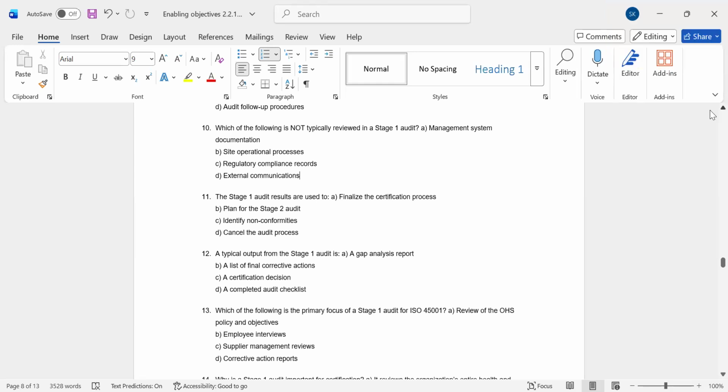Generally, site operational process will be in the manual also, right? So that would be in stage 1 only, no? We will review. Correct. So D will be the right answer, right? Harish, in your manual, the processes in your company will be detailed. So that is also reviewed.